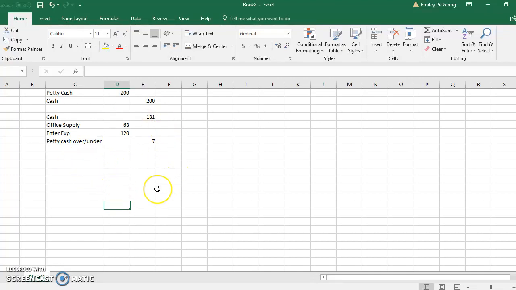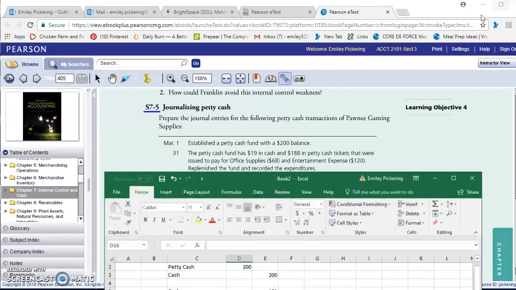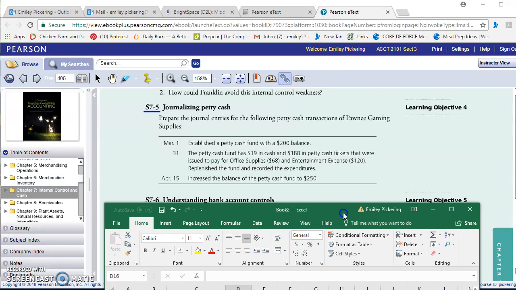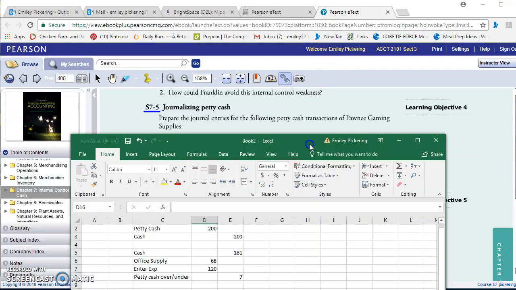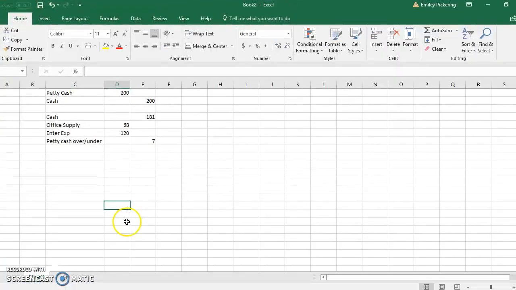So now I'm back to $200 and I've recorded what I've spent my petty cash on, and I have this petty cash over under account. So let's see what happens next. We're going to increase the petty cash fund to $250. I already have 200 in there, so I'm going to increase it to 250.